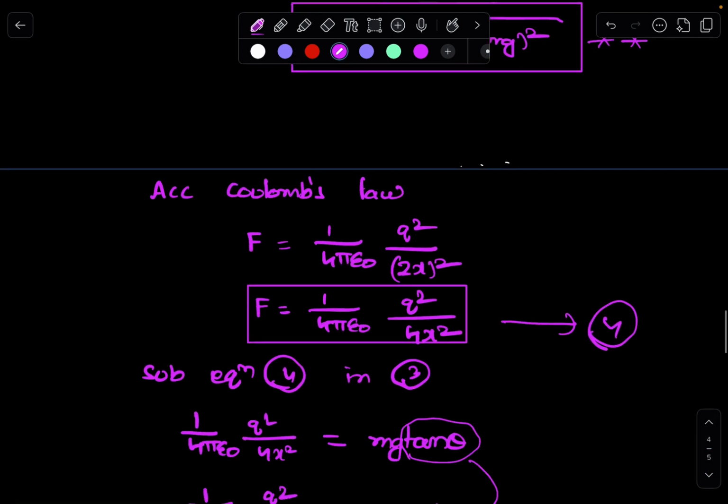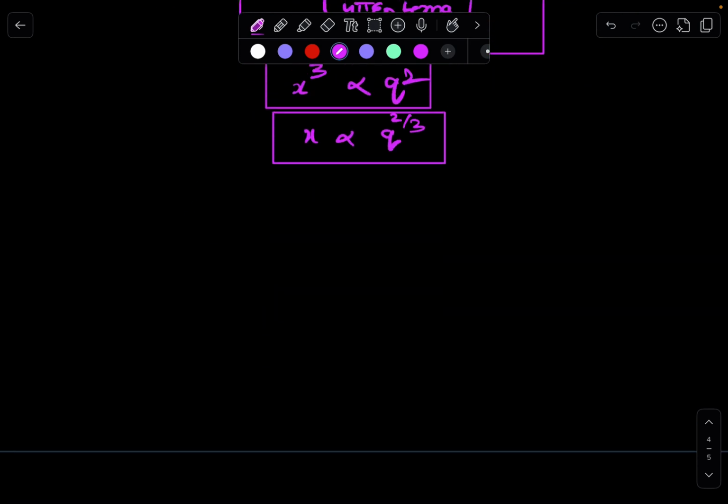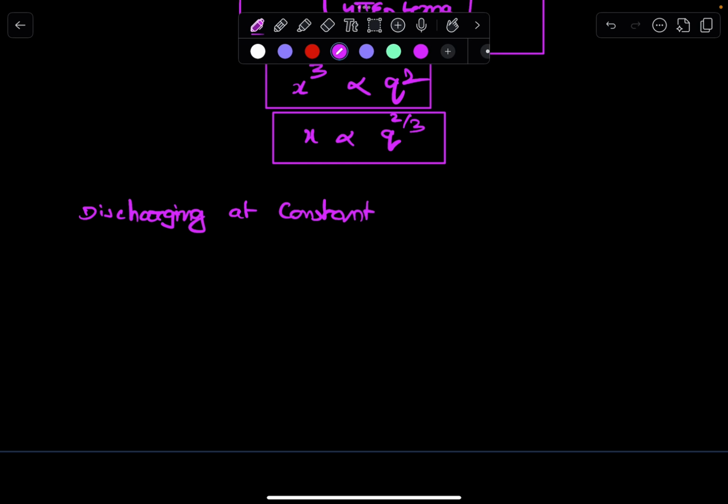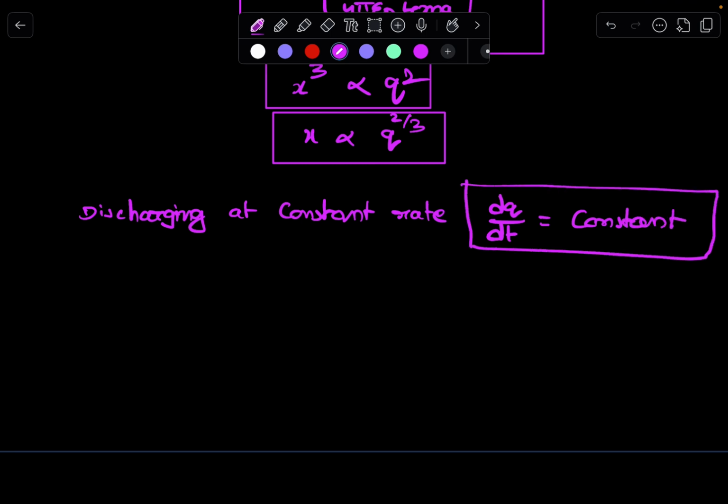The next thing we are going to calculate is discharging at constant rate. Discharging at constant rate means dq by dt is equal to constant, right? So this is the thing we are going to prove now.